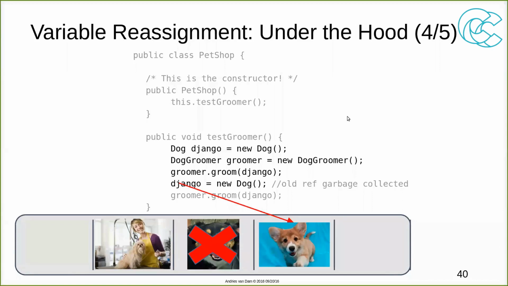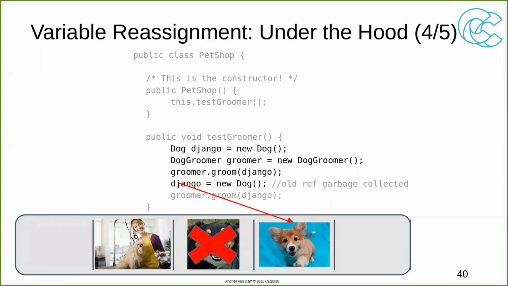Suppose in this test Groomer method, we created this dog Django, and then we pass it to the groom method, where it adds that dog to the array list. So when you're passing that, the first element of that array list would be pointing to the same memory location as Django is, right?